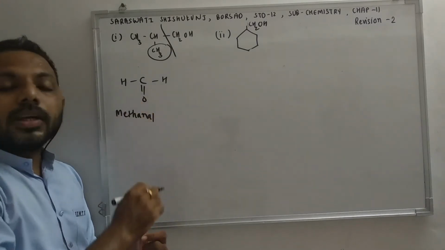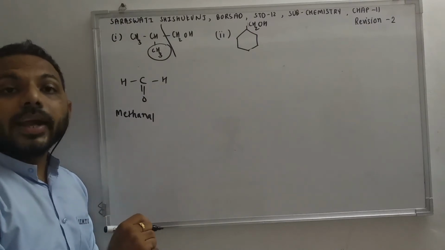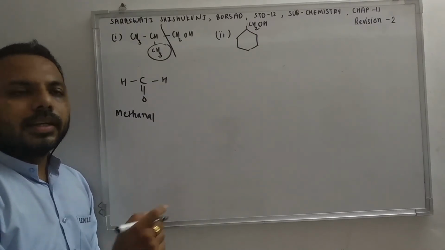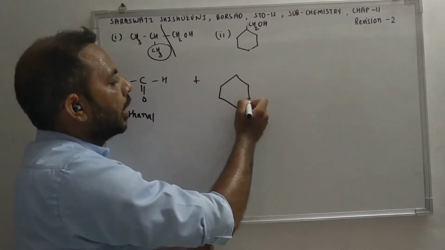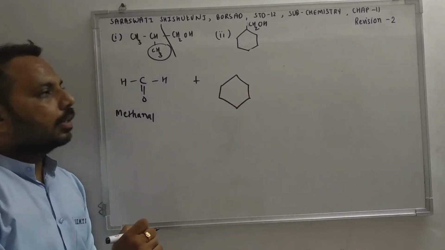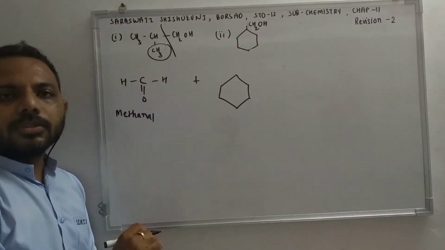Our initial compound has one carbon, and our final product has a cyclohexane ring, which means our Grignard reagent should have cyclohexane. Methanol has one carbon, so that question is getting solved.